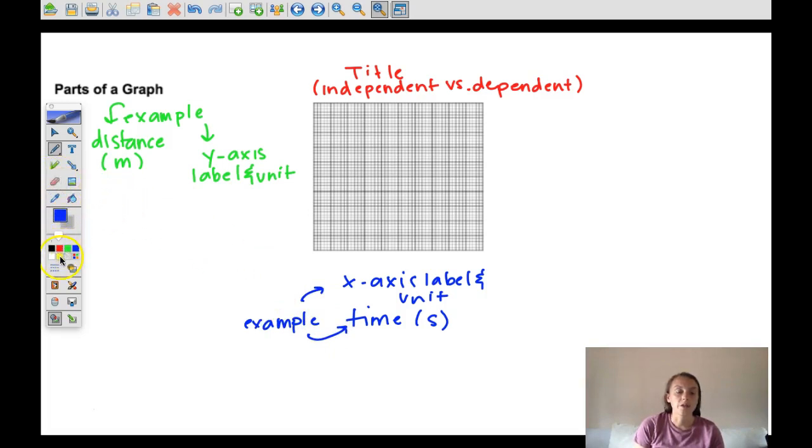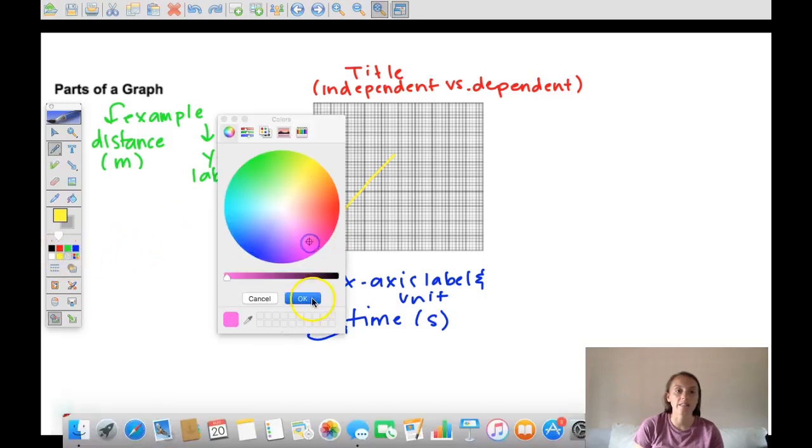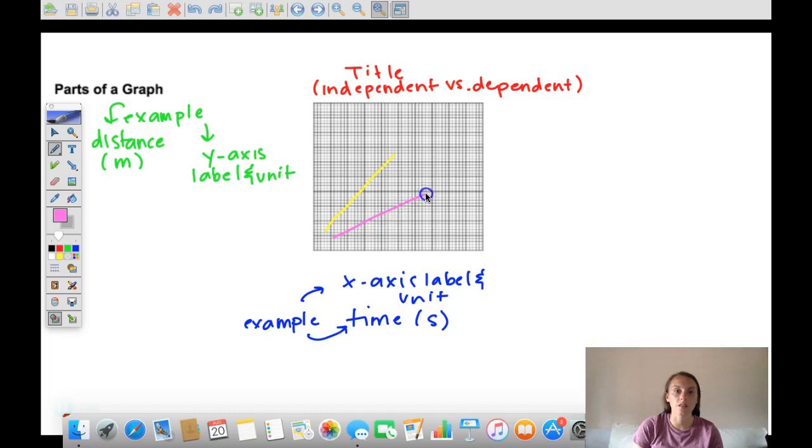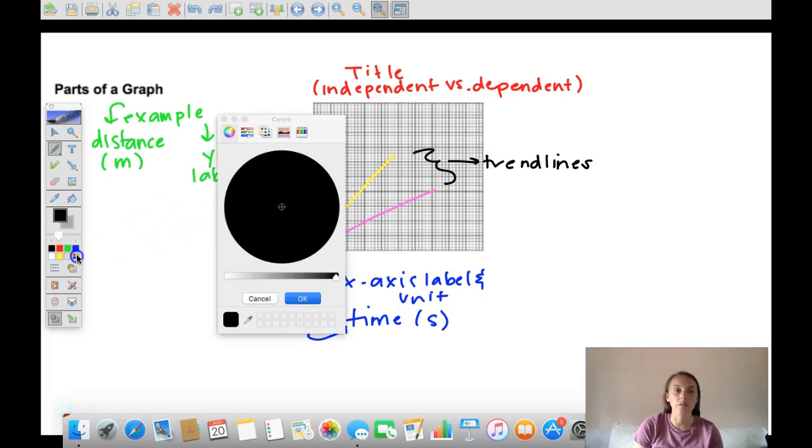So say we're comparing two different groups of data. We're going to have our trend line for one group of data, and then we're going to have a second trend line for our second group of data. So both of these are trend lines, and that kind of allows us to see which types of relationships are there. But because we have two different trend lines, we're also going to need a key.